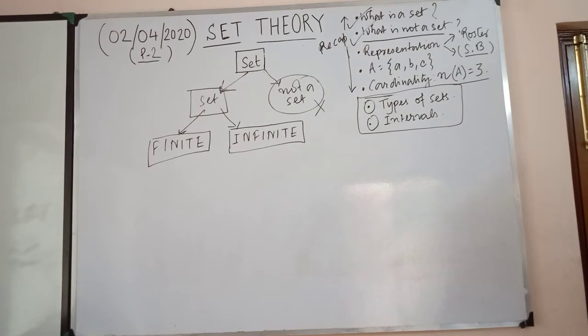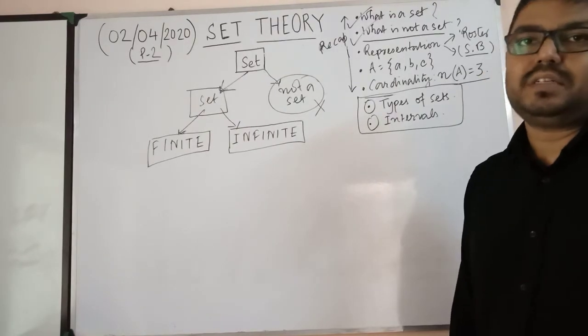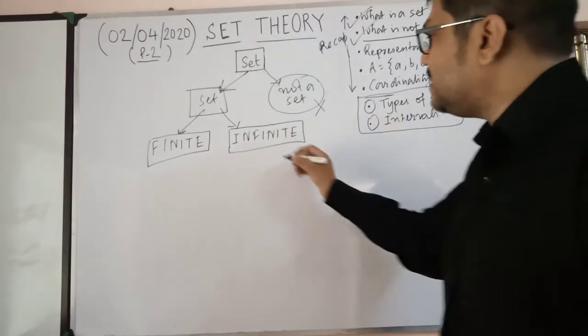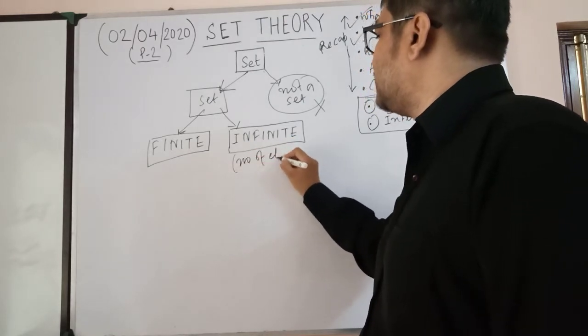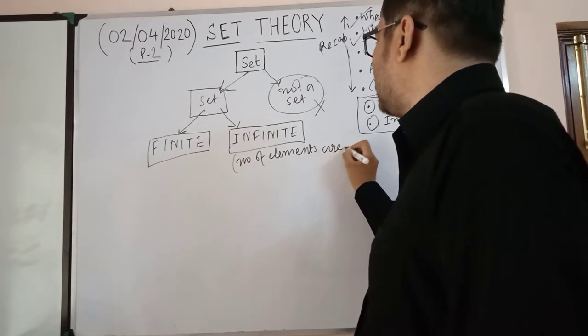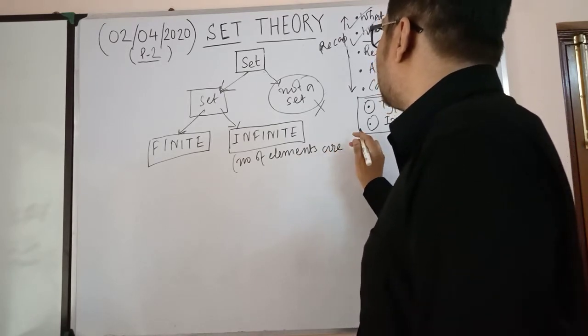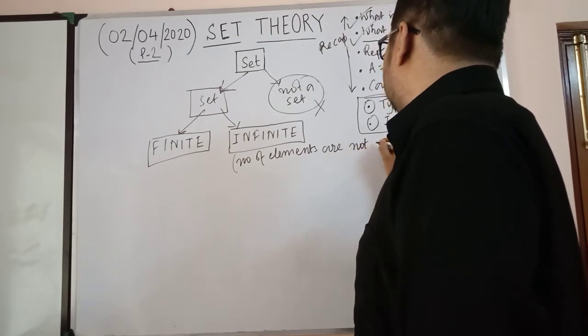A finite set means where the number of elements is countable. That means you can really count the number of elements. Say this set ABC will be a finite set. And an infinite set means where the number of elements cannot be counted or is not countable.